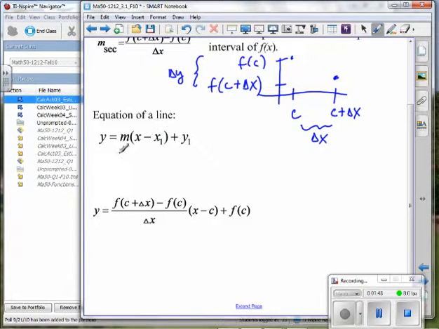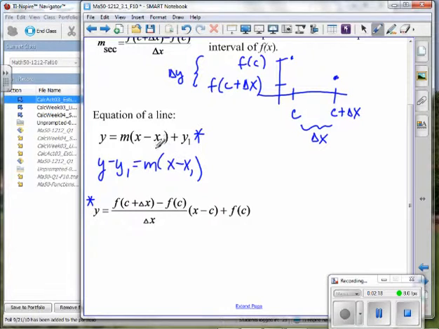What you gave was y minus y1 equals m times the quantity x minus x1. Equivalent? Yeah, equivalent. If you look at this one, and then you look at this one, are they equivalent? Instead of y1, we say f of c.